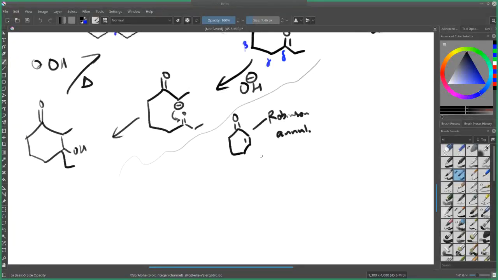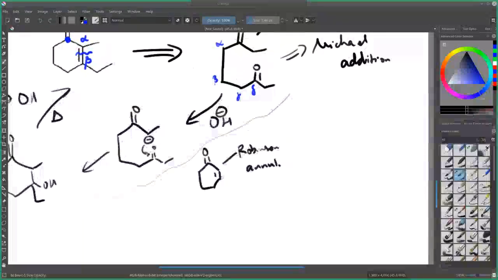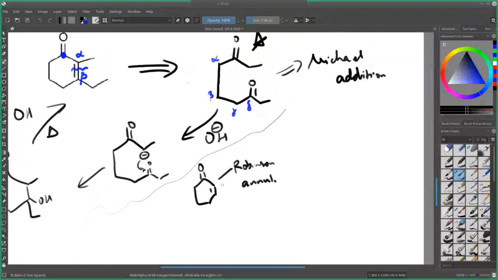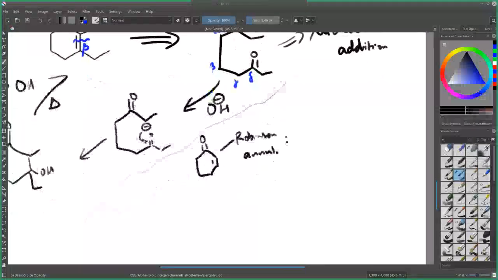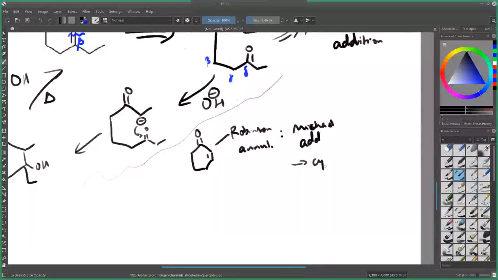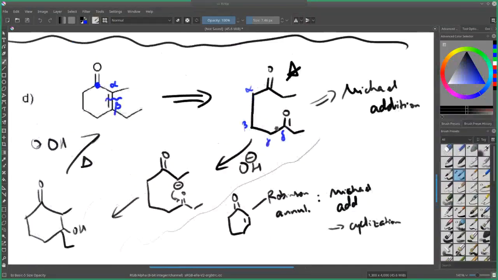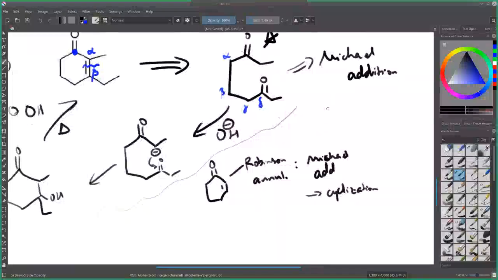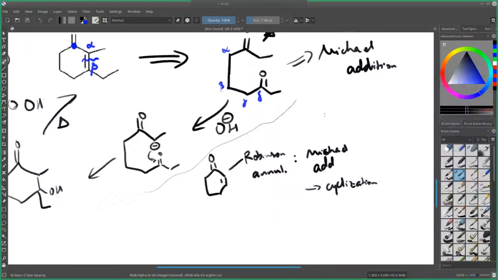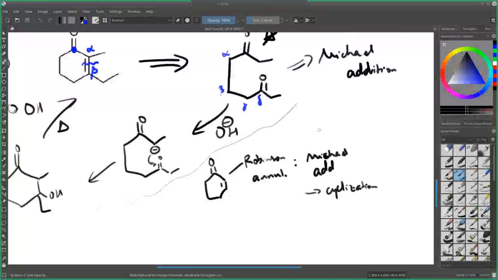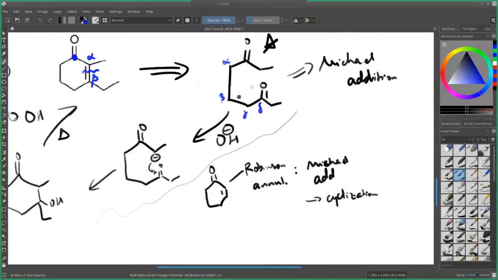In the case of a Robinson annulation, that is always to do a Michael addition and then do a cyclization. So, we've seen our cyclization and now we just go backwards and do a Michael addition. Or to think about it going forwards, you do a Michael addition and then do a cyclization. But going forwards tends to be a little bit harder. Okay, we want to synthesize this thing.